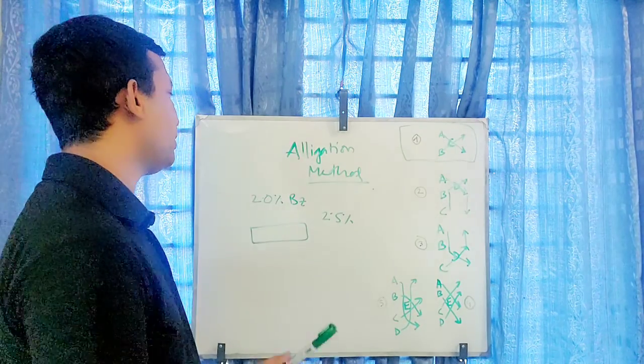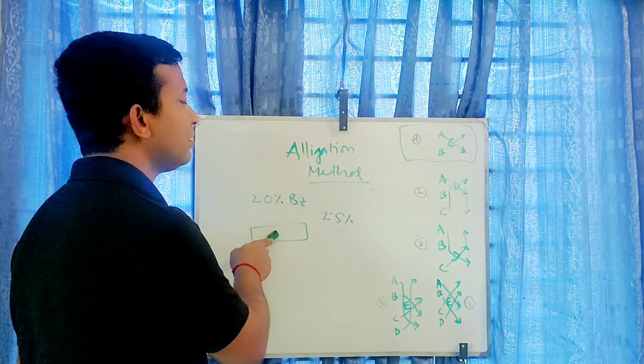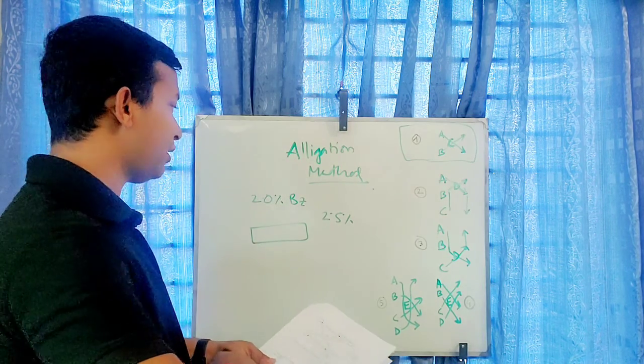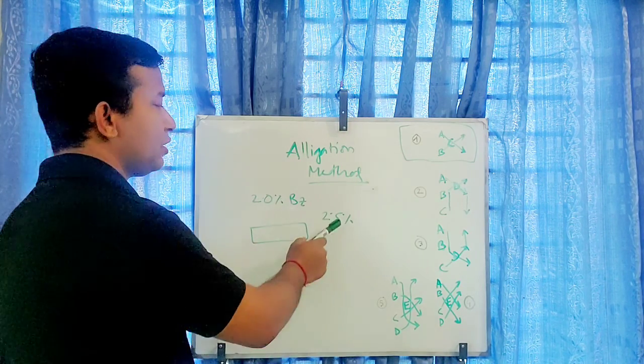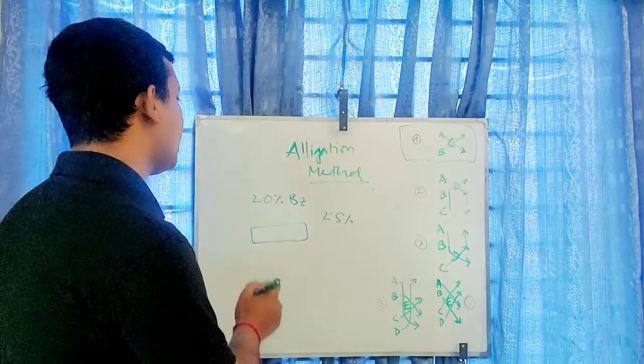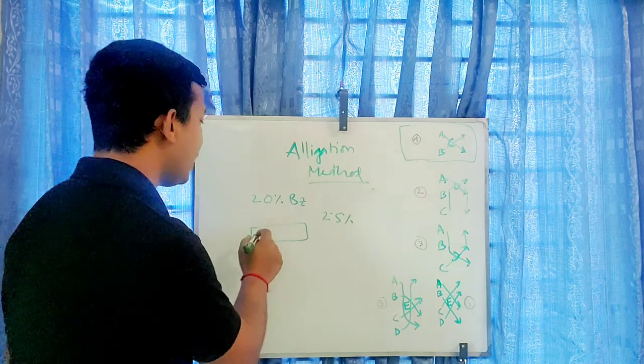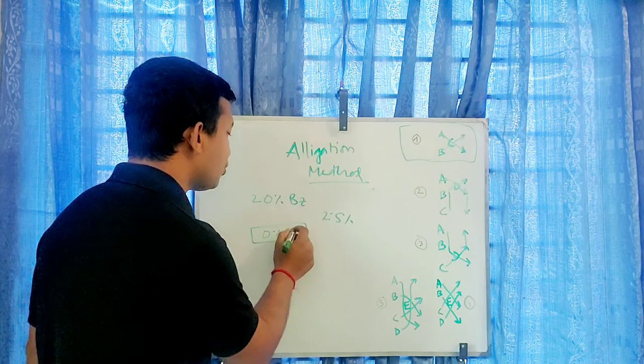So it's very interesting. Here they are mixing one active ingredient with a base so that they have a final substance with a concentration of 2.5. Here they have 20% benzocaine and 0% benzocaine.